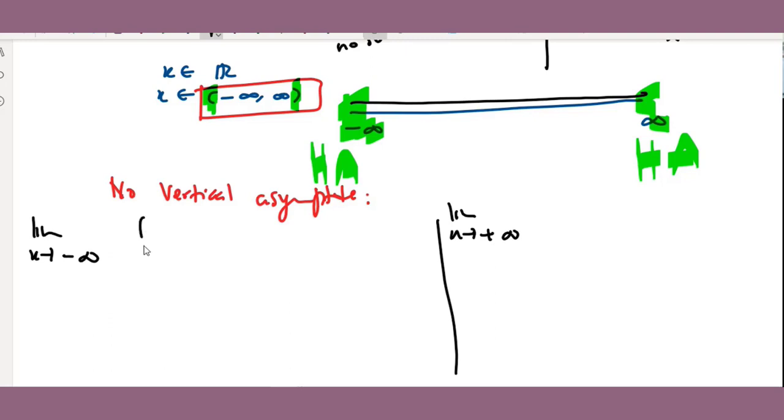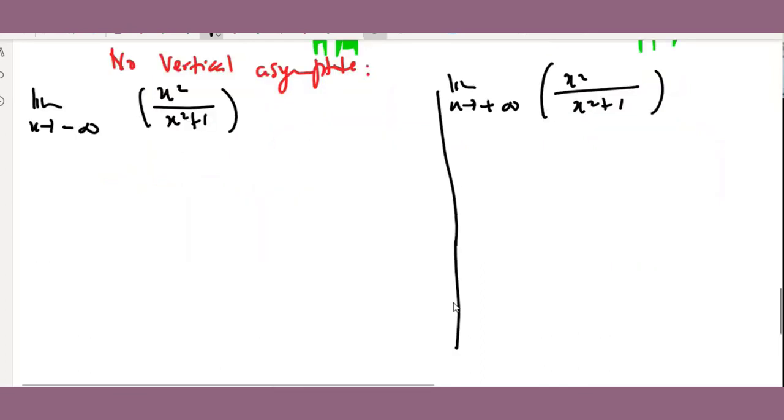The function is x squared over x squared plus 1. First thing, for a limit, direct substitute, without thinking, just substitute the value. Substitute negative infinity squared, get positive infinity over positive infinity.